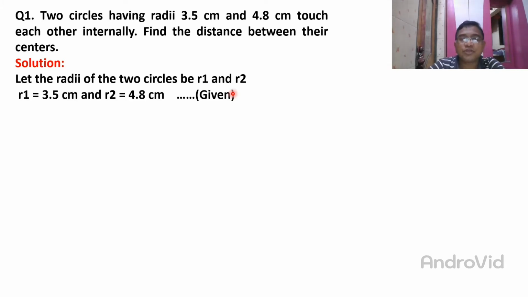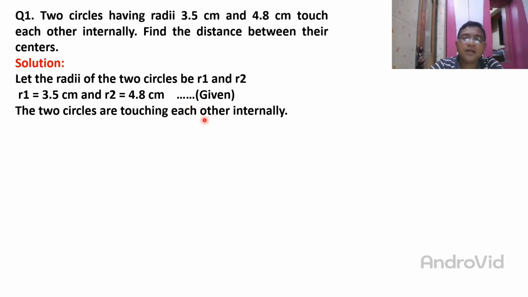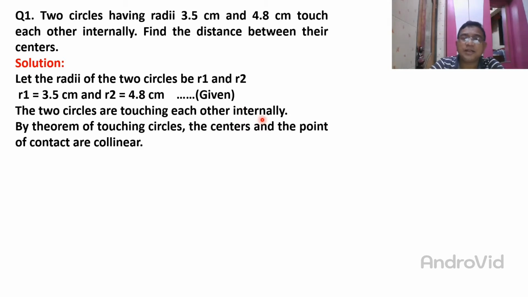R1 is equal to 3.5 centimeter, the radius of the first circle, and the radius of the second circle R2 is equal to 4.8 centimeter. That is given. So the two circles are touched internally.